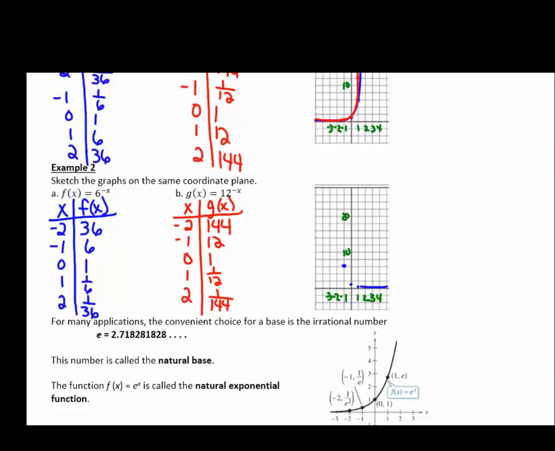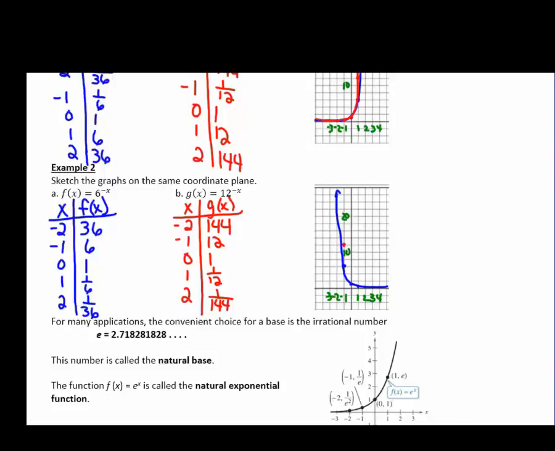We're going to get very close to this. And I'm not very good at that, but you can see where we get close to that -3, but we don't actually touch it. And so my graph shouldn't really be touching it. But we're just sketching here. And so our g function, we've got (-2, 144). That's not going to fit on our graph, but (-1, 12) will.